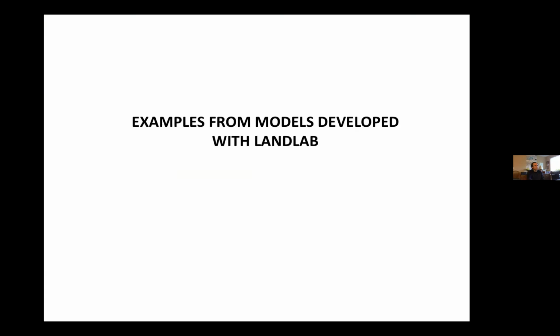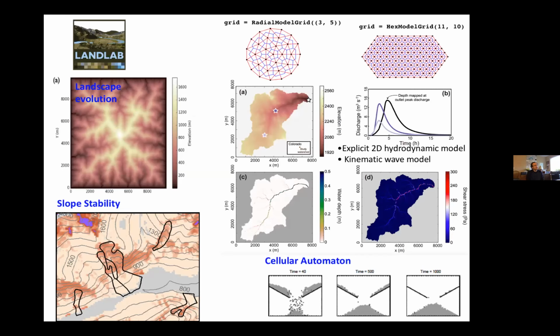I'm going to skip this one. So I'll show you some examples of existing models in Landlab. Landlab has a number of landscape evolution models that use different processes like landsliding and soil creep and different types of fluvial erosion. It has flow routing. Like I said, there's the landslide risk component, and we have a cellular automaton component.